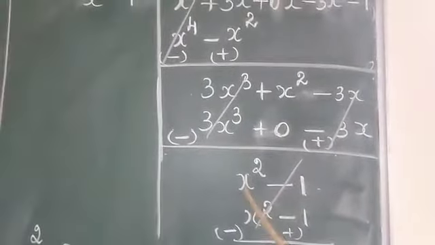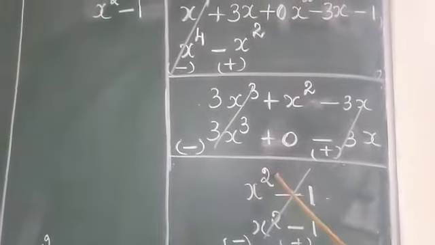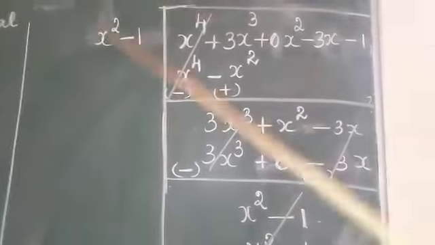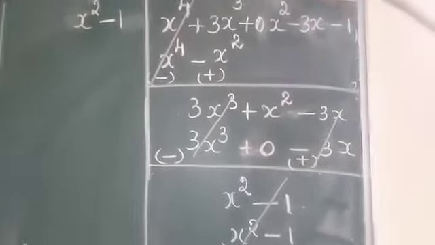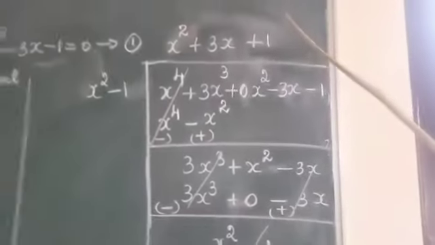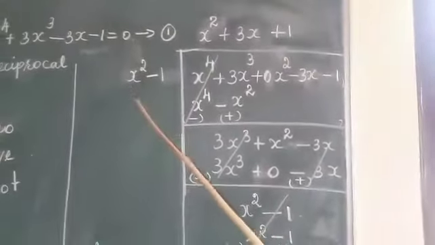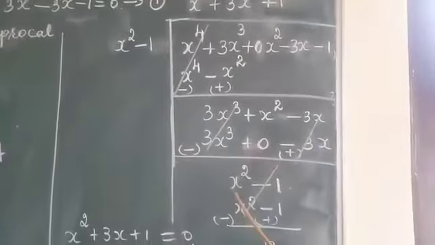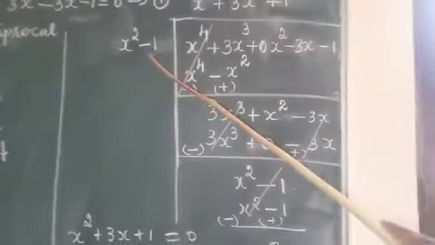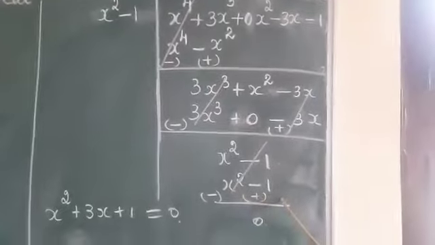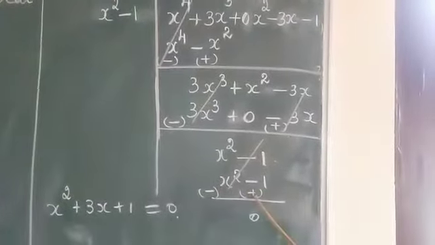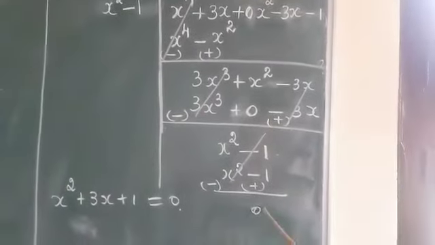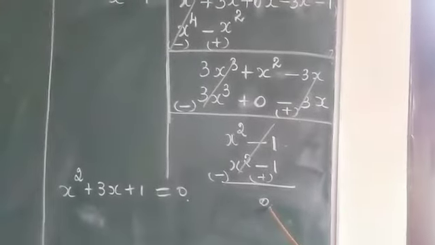Now we want to get x square. In order to get x square we have to multiply by 1, so I wrote plus 1. Plus 1 into x square becomes x square, plus 1 into minus 1 becomes minus 1. Now we change the signs: plus changes into minus, minus changes into plus. Now both will be cancelled. The remainder is 0.